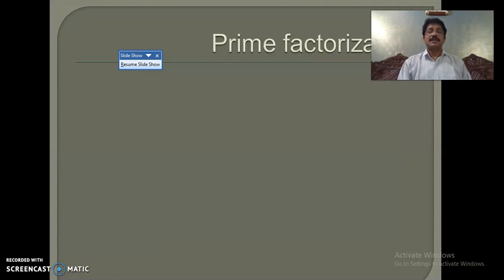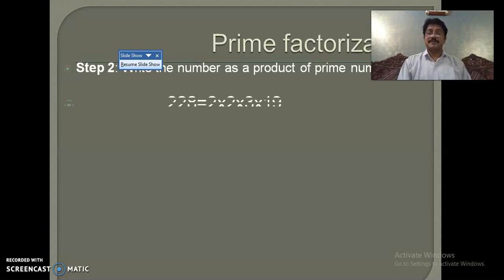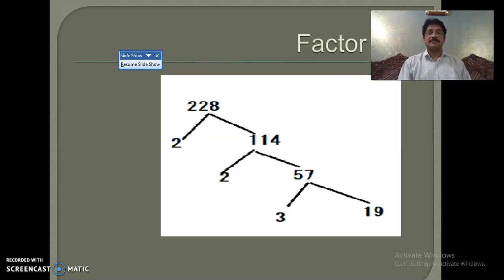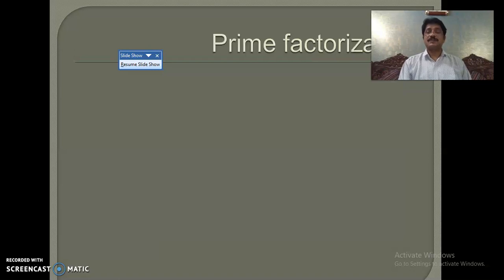Now we can write this division as a product of prime numbers. Observe it: 228 can be written as 2 times 2 times 3 times 19. See the previous division process. 228 equals 2 times 2 times 3 times 19, as a product.